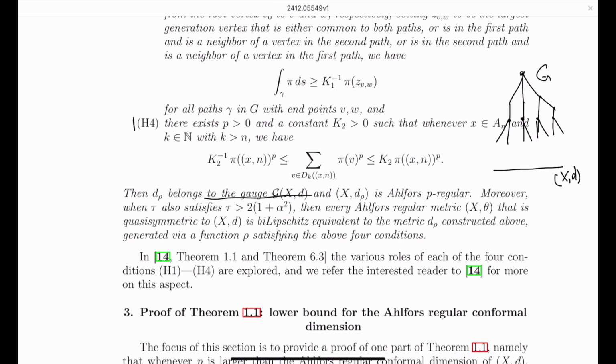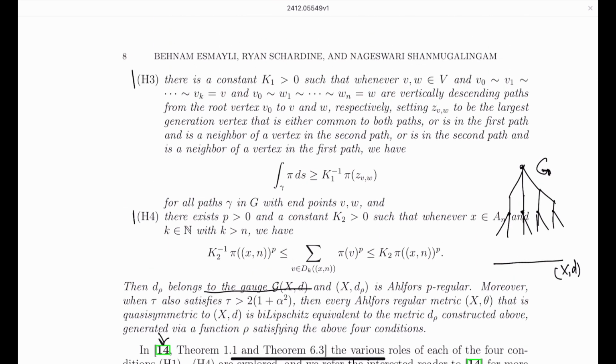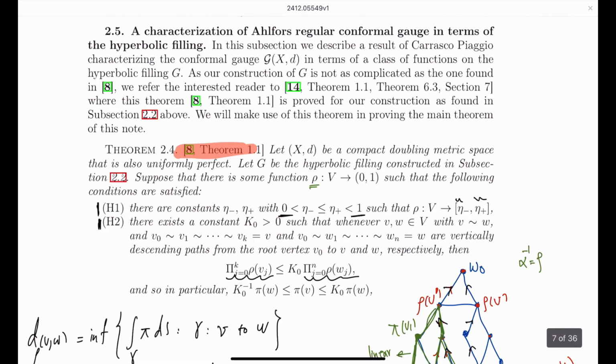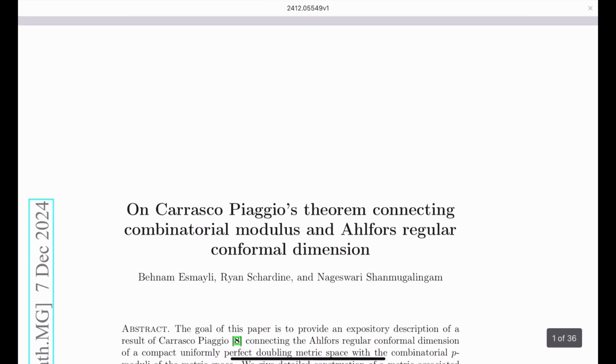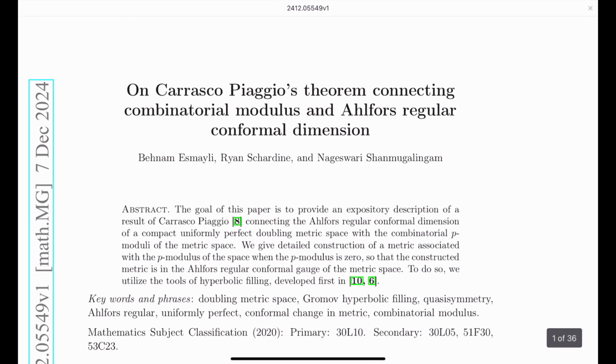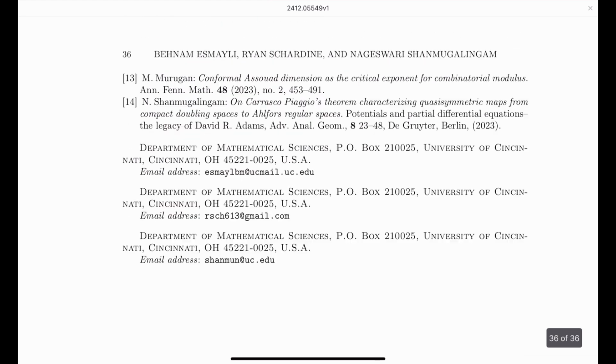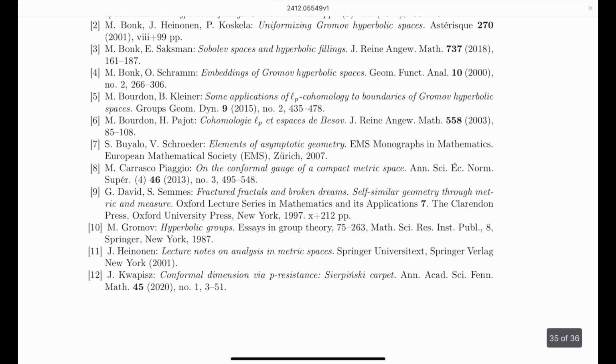That was the message of the paper, the expository paper. Actually, this is again a result of Carrasco that we did with my collaborators. If you are interested in the calculation of the quasi-symmetric modulus, then of course our rewriting of Carrasco's result is here. So you can find this on arXiv, but it is not yet published. It's being refereed. And let me show you the original paper.